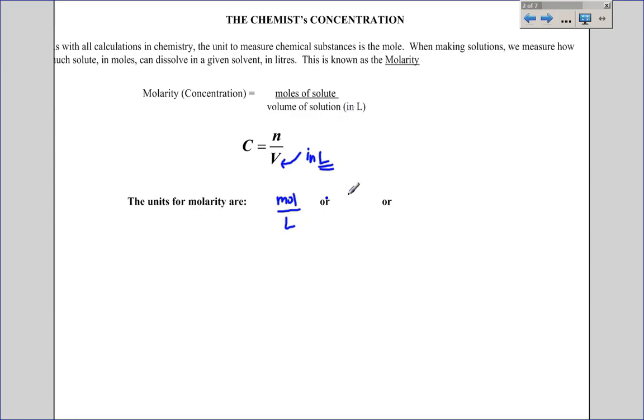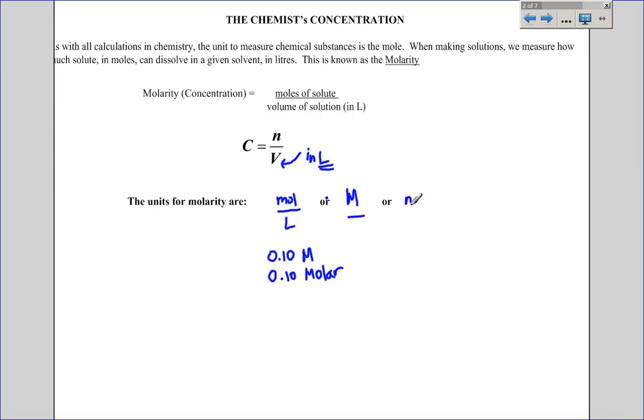Another unit that we can use for molarity is capital M. You may have heard or seen in places and not really understood, it might say a 0.1 M solution, or it might say a 0.10 molar solution. The capital M stands for molar. It's important for you to be able to switch between these two units and be very comfortable with them and recognize them as concentration units.